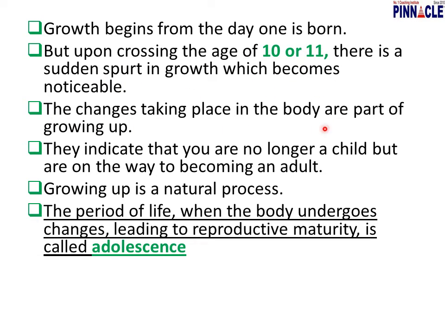The changes that take place in the body are part of growing up. They indicate that you are no longer a child but are on the way to becoming an adult. Now after 10 or 11 years, the child is growing towards adulthood. Growing up is a natural process. The period of life when the body undergoes changes leading to reproductive maturity is called adolescence.